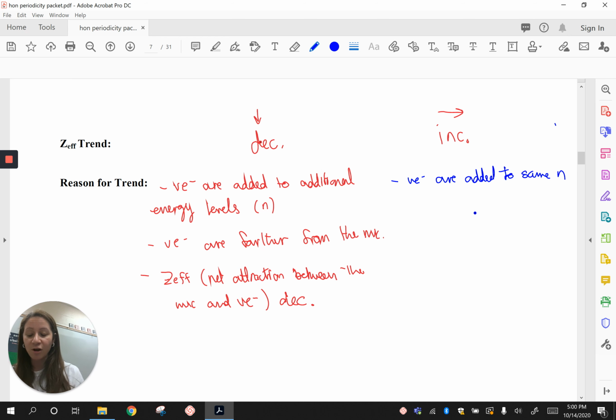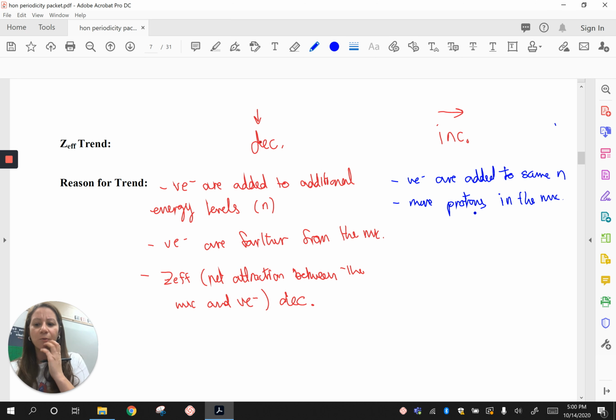However, I also have more protons being added in the nucleus. Since my repulsion is about the same, but I do have more protons, my net attraction is stronger and my valence electrons are held closer to the nucleus.